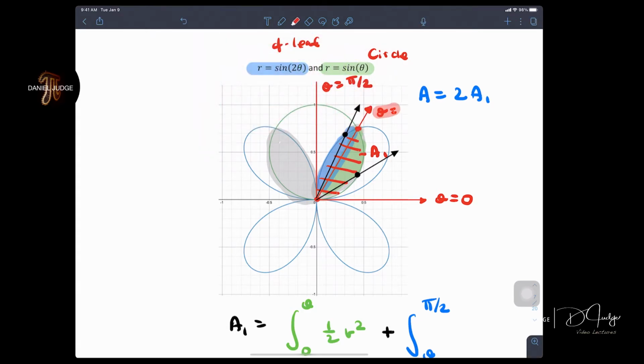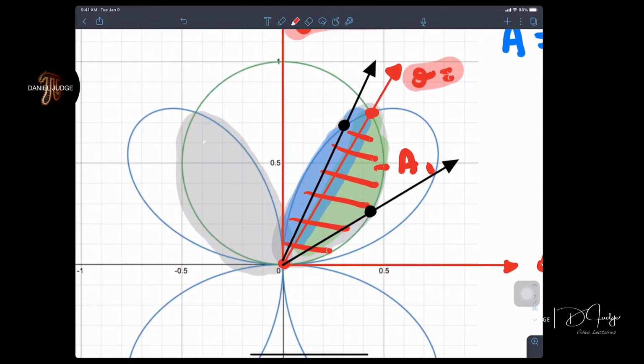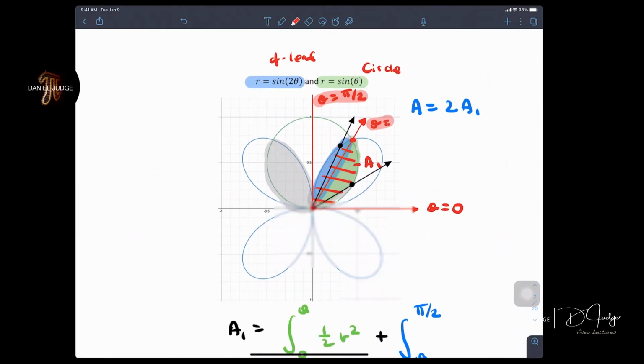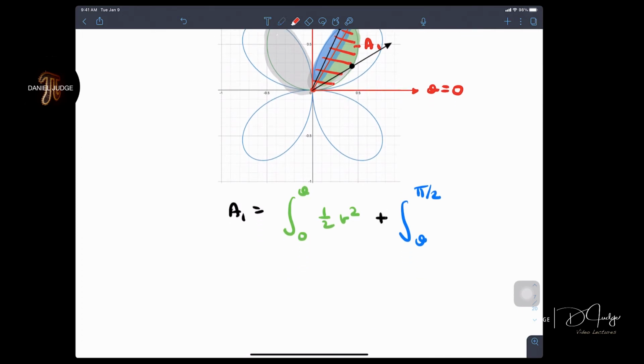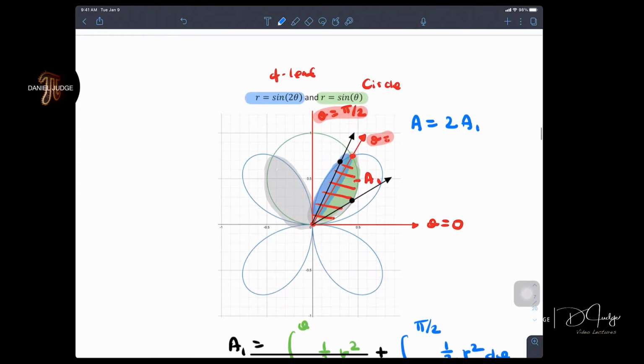So we're going to go from theta, that angle, to pi over 2 for the blue curve. This is area between curves now. And that will be 1/2 r squared d theta. And so this is how we're going to find that A1. And of course, the A1 area needs to be doubled.